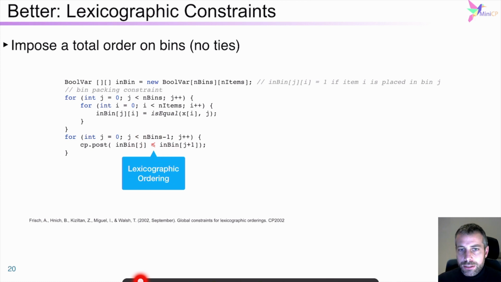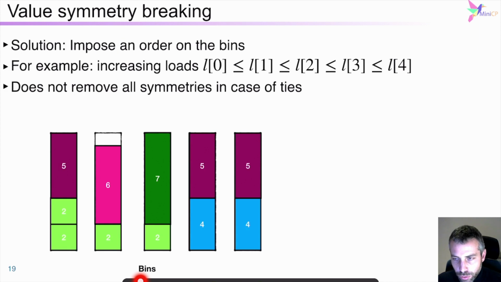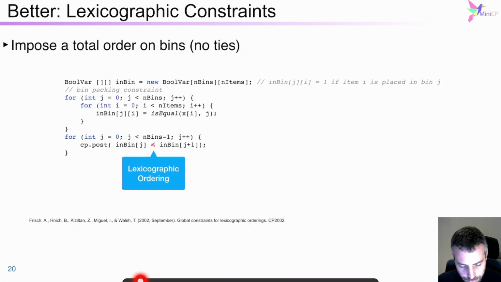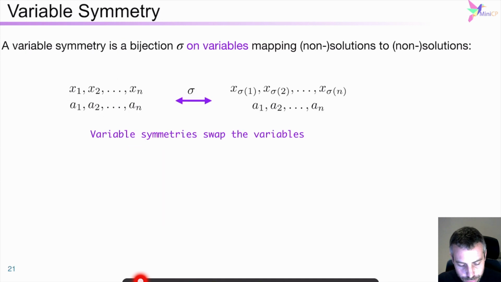If you're interested in it, you can read this paper that explains lexicographic constraints. That's not available in MiniCP, and it's also not part of the project that you need to implement, but it exists in constraint programming. If you would like to break the symmetries a little bit better than what I did before, simply putting an ordering on the load variables, it's better to do it with a lexicographic constraint. That's it for the value symmetries.